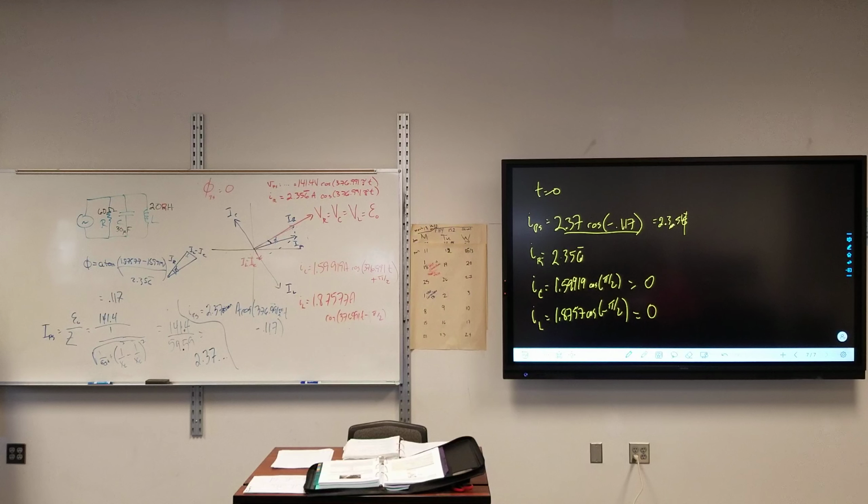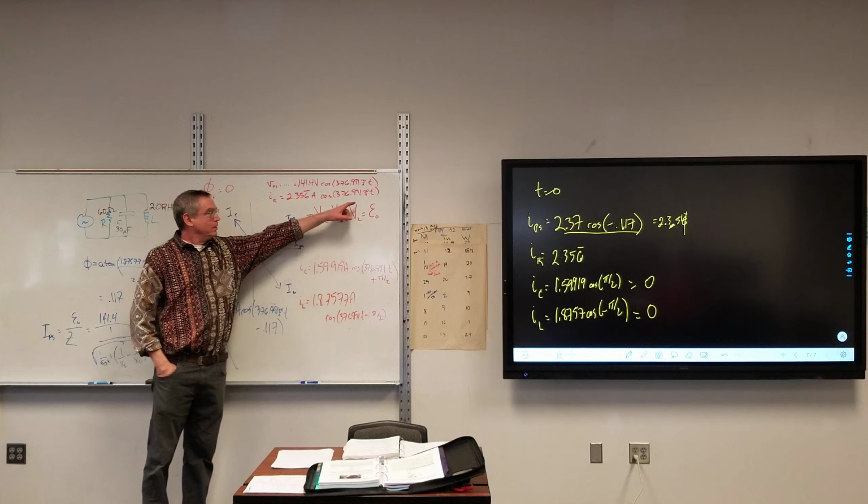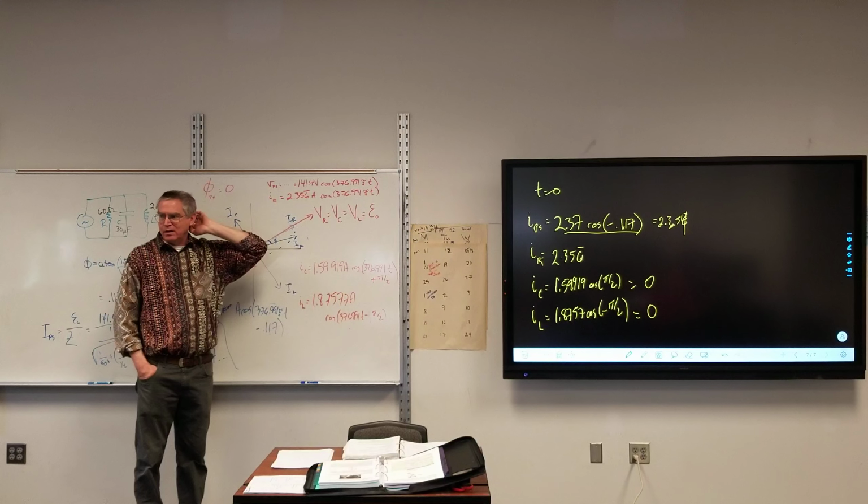So, where does the 0 fit in? Where do you put the t equals 0? It's just right after the things in parentheses.